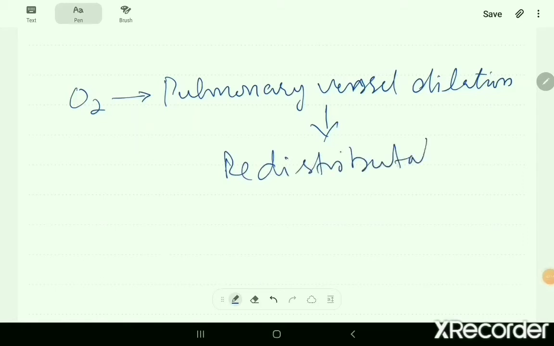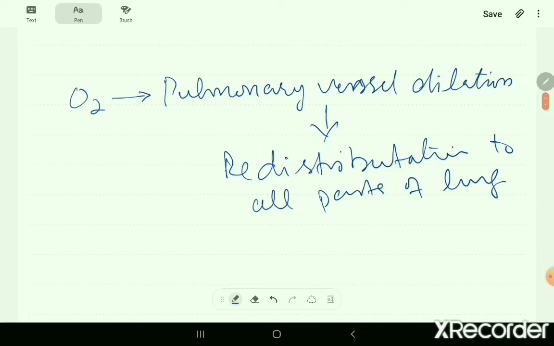Redistribution to all parts of the lung, which also include the damaged alveoli which cannot diffuse oxygen or carbon dioxide. So it means that the blood is shunted from well ventilated areas to the areas which are not well ventilated, and there is a defect in the ventilation and perfusion.